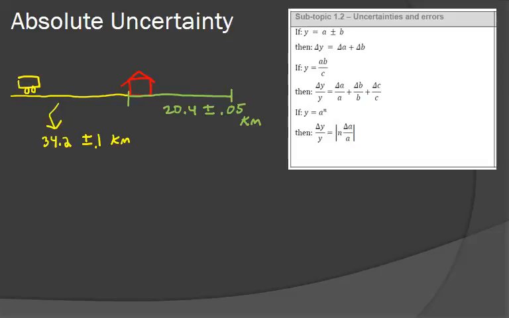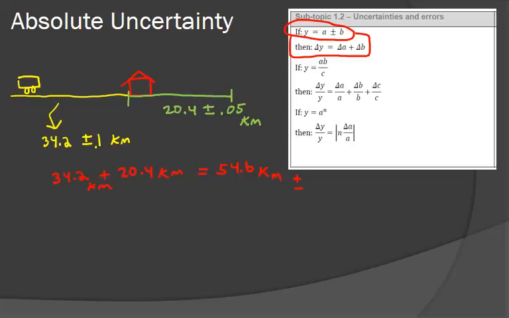And we want to know the total distance with the uncertainty. So yeah, if we look at that, right, we're adding these values, and so 34.2 plus 20.4 will give us 54.6 kilometers. Plus or minus a certain value.